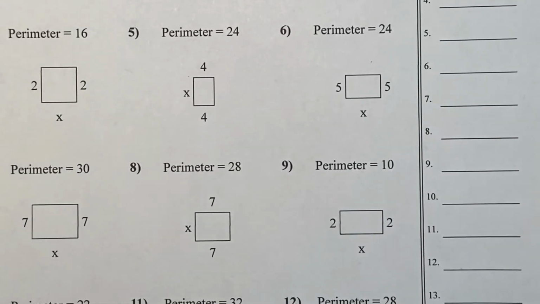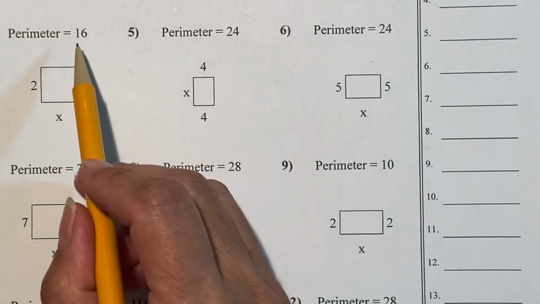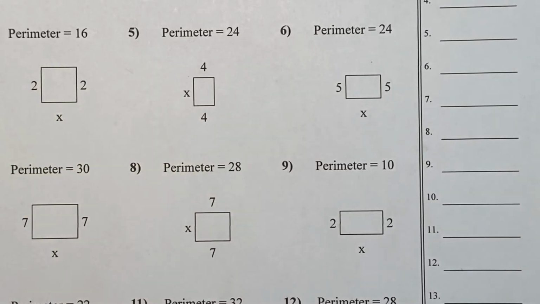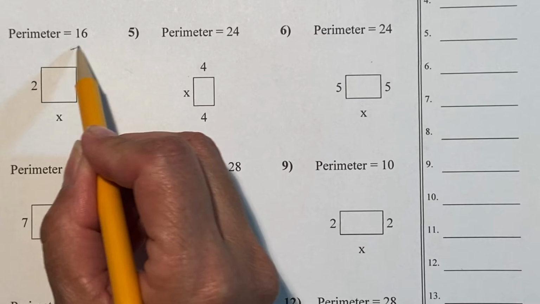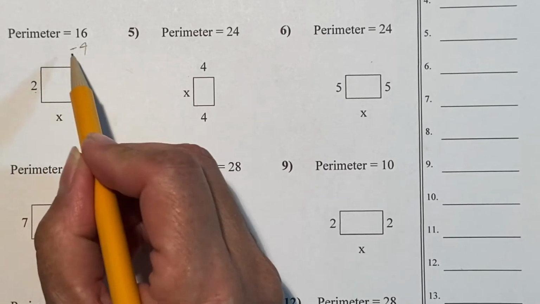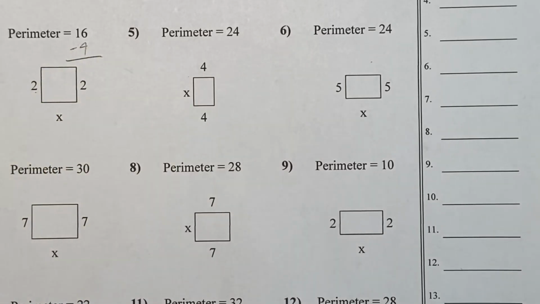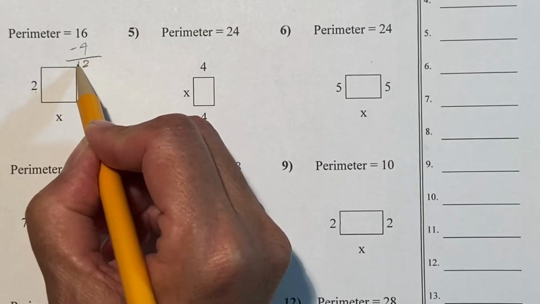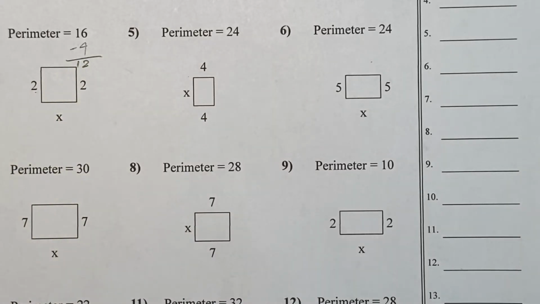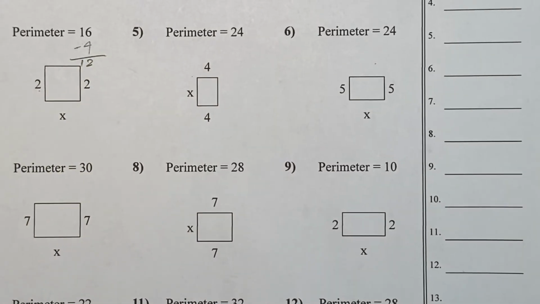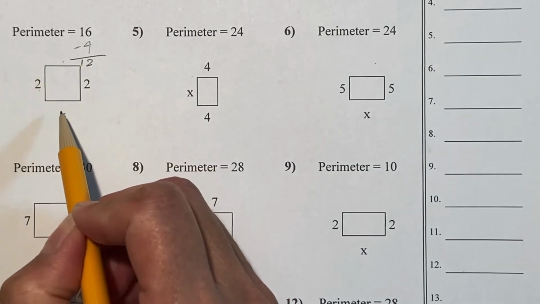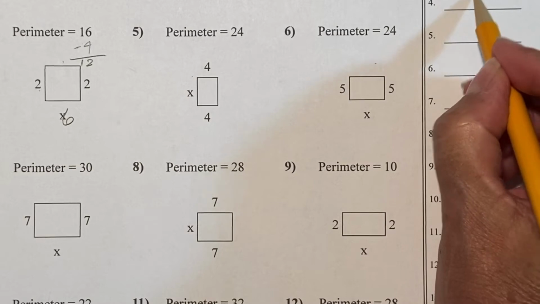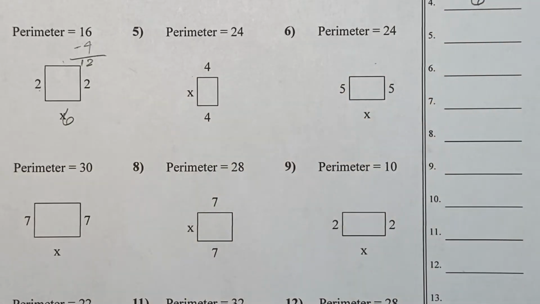Let's take a look at question number 4. The total perimeter is 16. And in the problem, I already see that there's 4. 2 on this side plus 2 on this side. 16 take away 4 gives me 12. And I've done it so many times already that I already know the 12 goes half to the top, half to the bottom, making x equals 6.